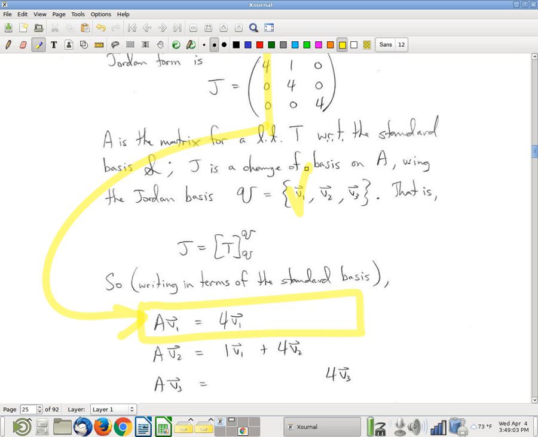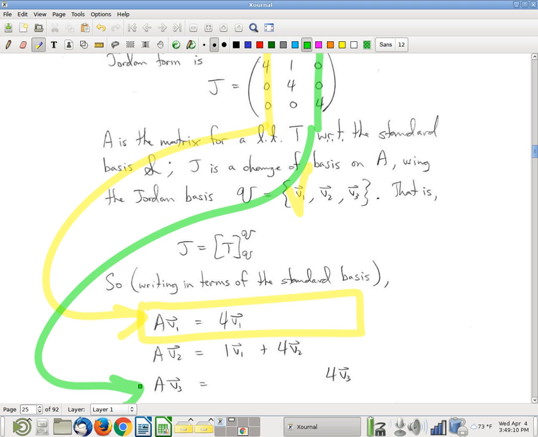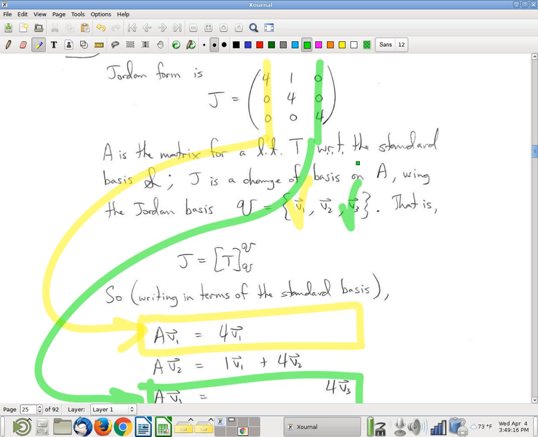Right? Likewise, for this one, that column tells me this equation, and that tells me that V3 is an eigenvector. Note that in both cases, these are basis vectors that correspond to the first column overlapping the corresponding block.